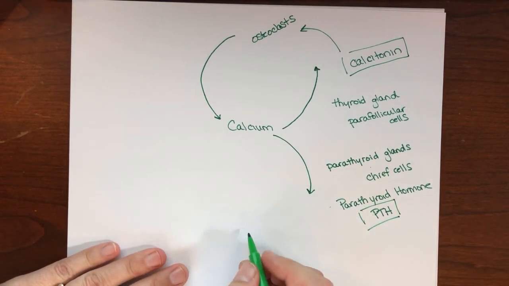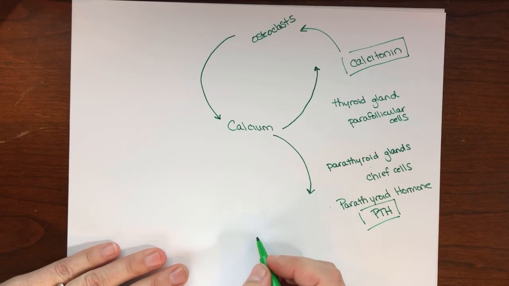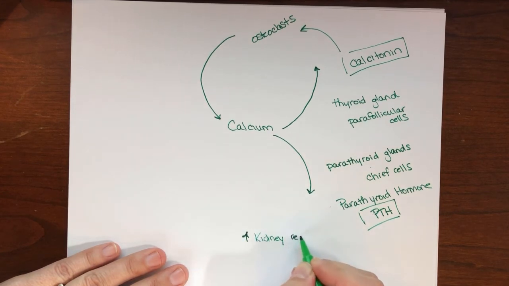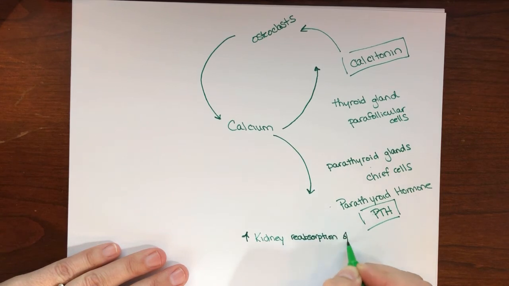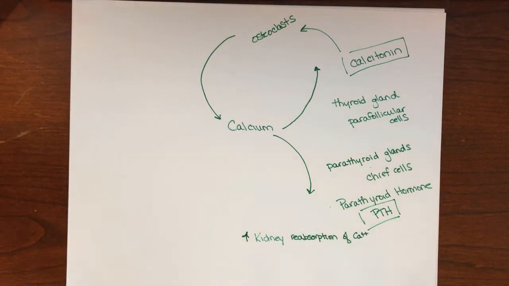The first thing that it does is it's going to cause the kidney to shut down excretion of calcium. So it's going to increase kidney reabsorption of calcium. So we're going to make sure that any calcium that might have been excreted in the urine is not going to be excreted. We're going to keep it in the body.